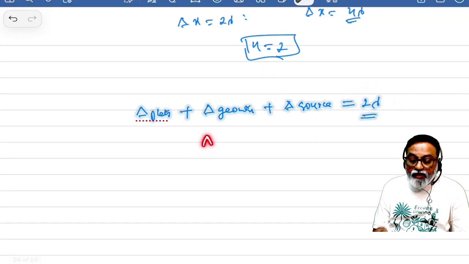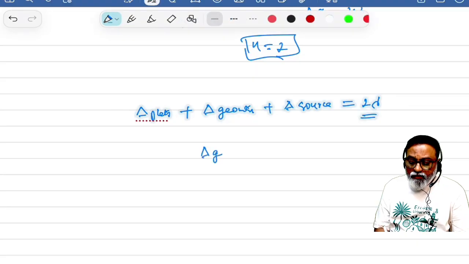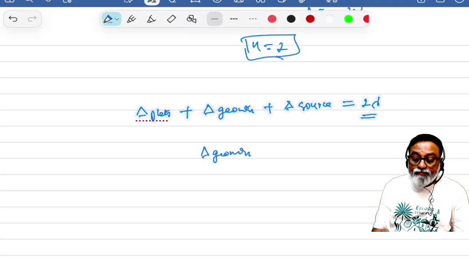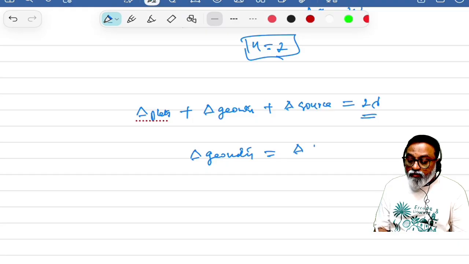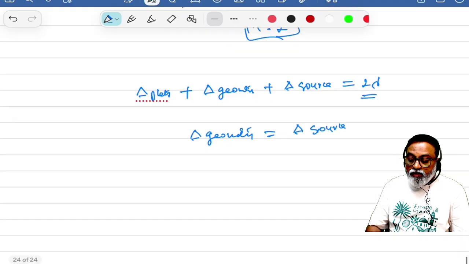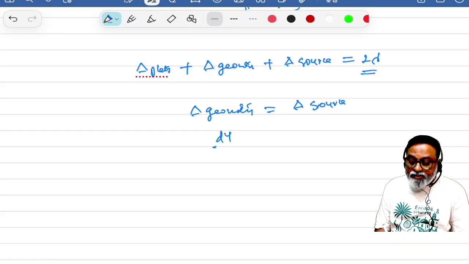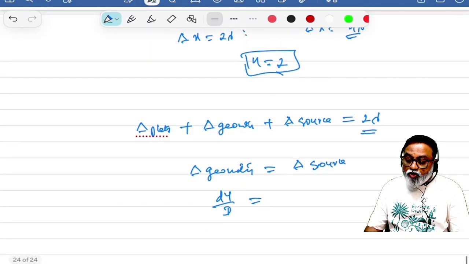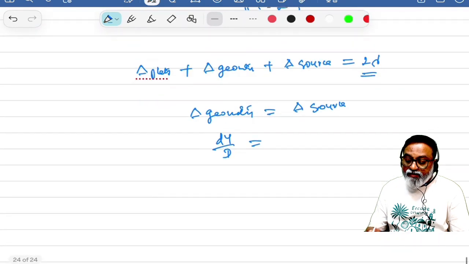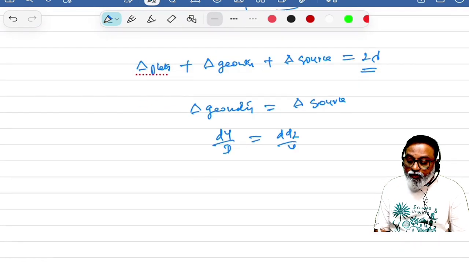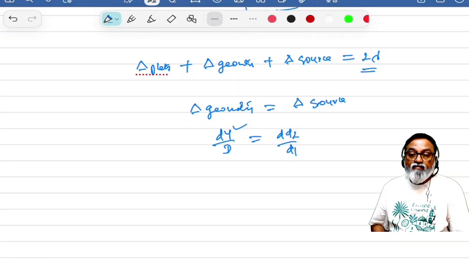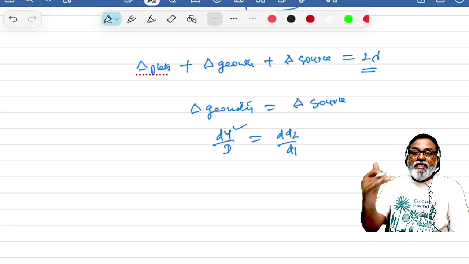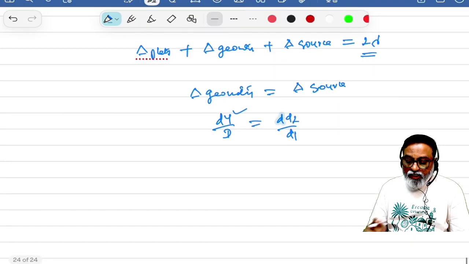Therefore, delta geometry is equal to delta source. Delta geometry is d y by D, and delta source is d into d2 by d1. Here y is the displacement of that second order maximum shifted downwards.